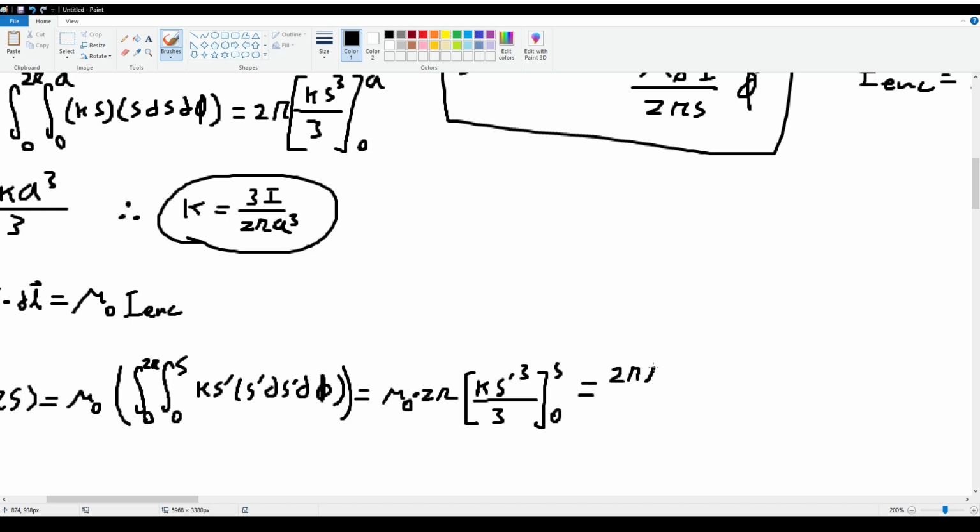So we get 2 pi mu naught, just incorporated the mu naught, S to the third, now that I plugged in the S, over 3. Keep in mind we have a definition for k already, so for k, you can plug in 3I over 2 pi a to the third.